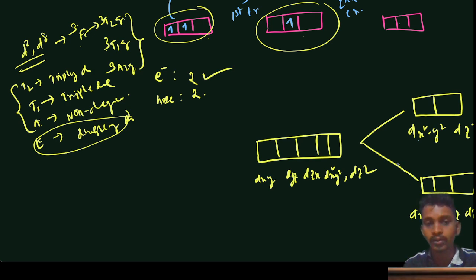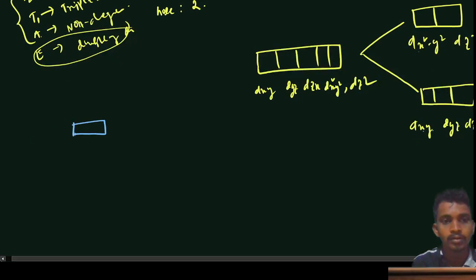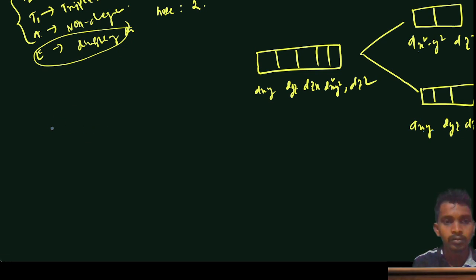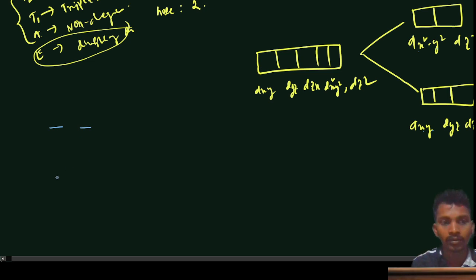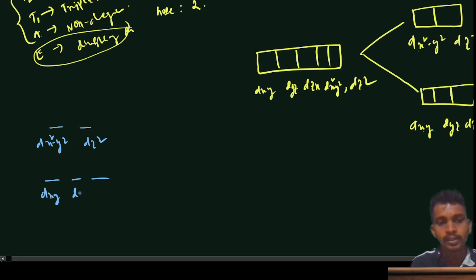So if the electrons, let's say, okay, if it is dx square minus y square, and this is dz square, and this is dxy, this is dyz, and this is dzx. This is the one case.